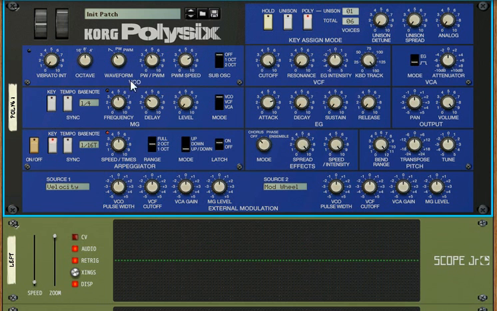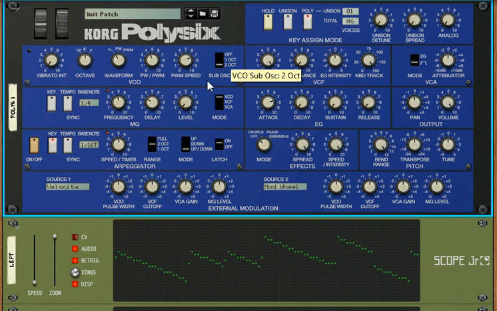If I take it back to a sawtooth, I can add in additional oscillators, sub-oscillators, but they are restricted to being an octave or 2 octaves below. So I can have that, and then I can add an octave below, or I can add 2 octaves below.